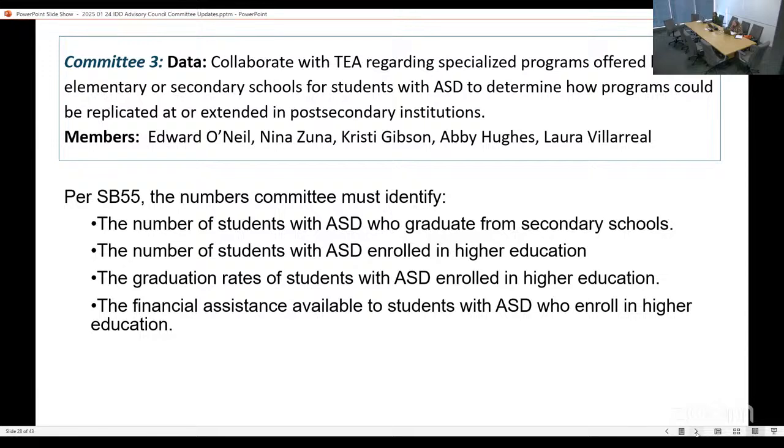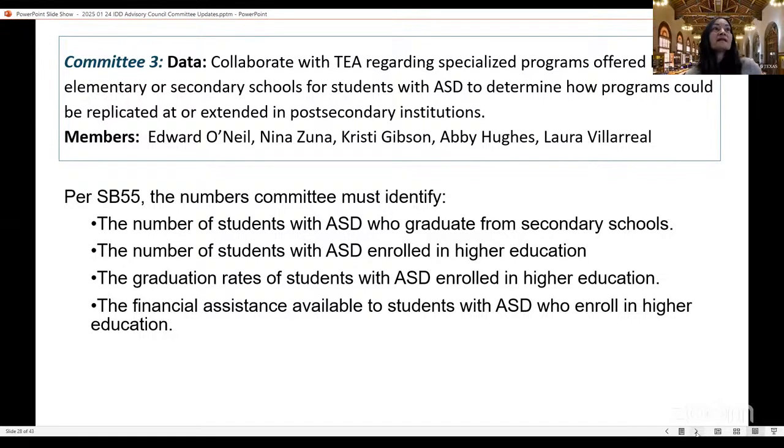Edward O'Neill has been working with THECB for the data about the number of students with ASD who are enrolled in higher education, and we have a report in the next few slides. Does anybody else from this committee want to say anything more before we get into the report?